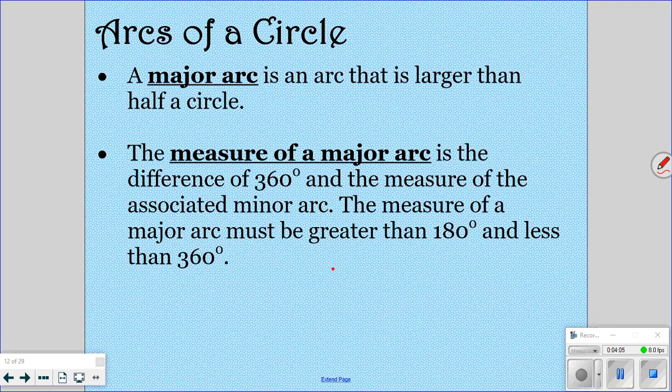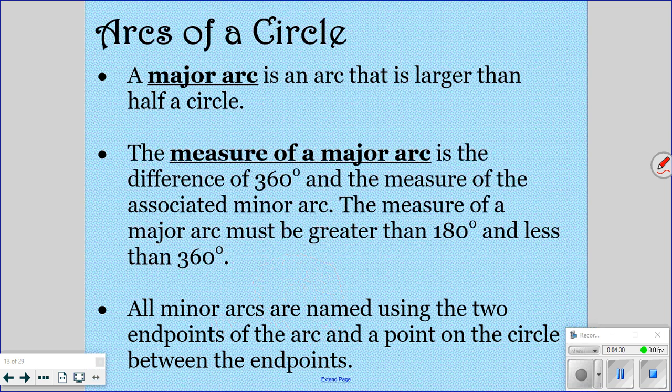So if I drew this out, and this angle here was 85, this is the major angle that goes with this major arc. And so if this is 85, 360 minus 85 is 275. So this major arc would be equal to 275.